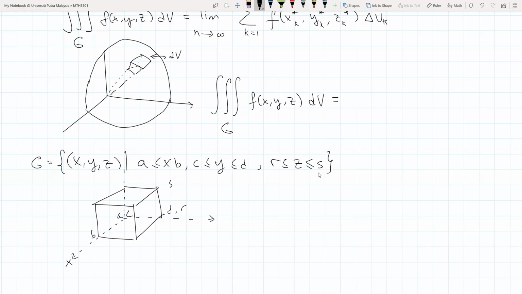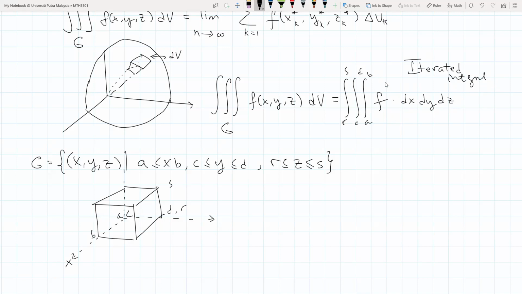So you can have as many as 5 combinations. For one, I can do something like this: integrate in terms of AB, CD, and then RS, with f. I don't want to write the whole thing, so it will be dx, dy, and then dz. You can also use the iterated integral, where you keep one variable and the other variables are constants.